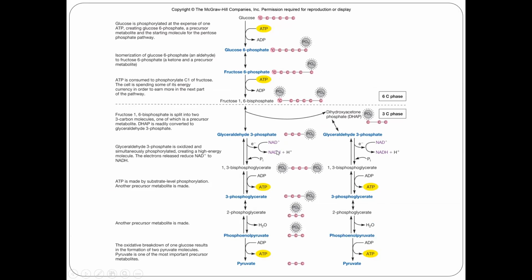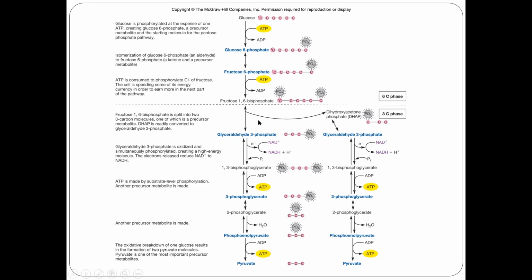But don't forget, when we talk about only 2 ATPs generated, we did not include this NAD reduced to NADH because we think it's a closed cycle. But when we talk about aerobic respiration, this will be included. NAD reduced to NADH is involved in the electron transport chain, so they generate 3 ATPs here.